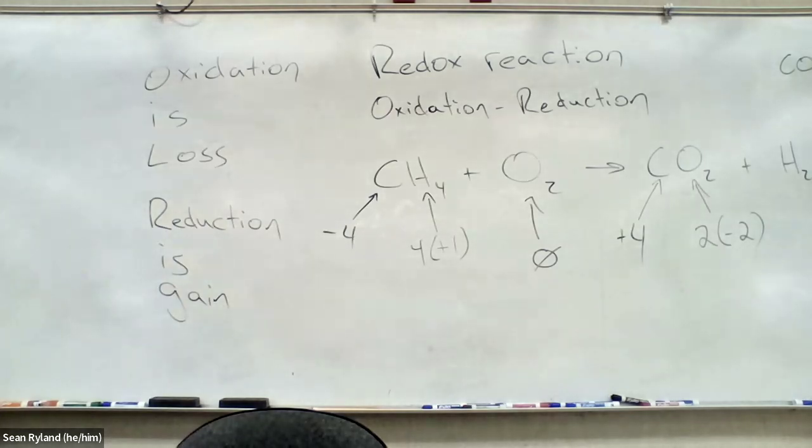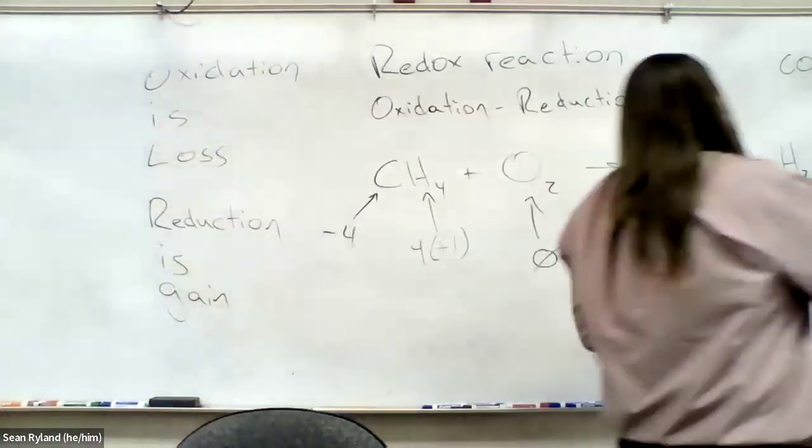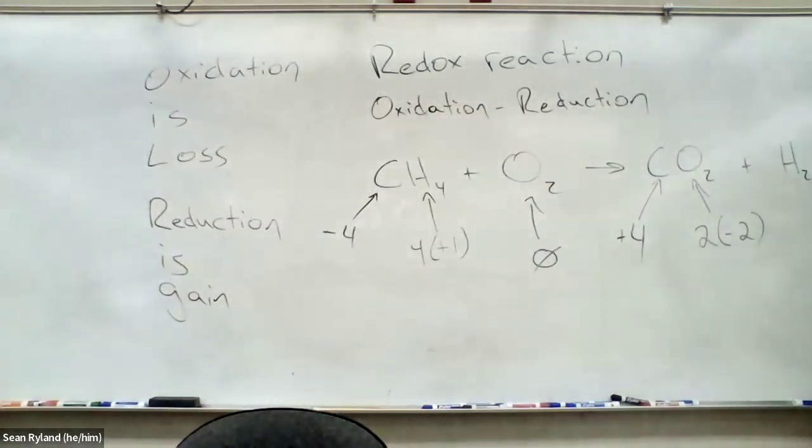So OIL RIG is one way to remember this. The other way is a little bit more fun: Leo the lion says GER. LEO, losing electrons is oxidation. GER, gaining electrons is reduction.